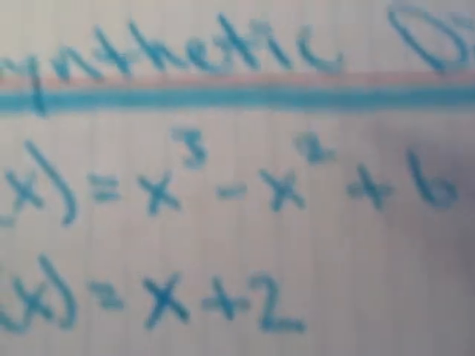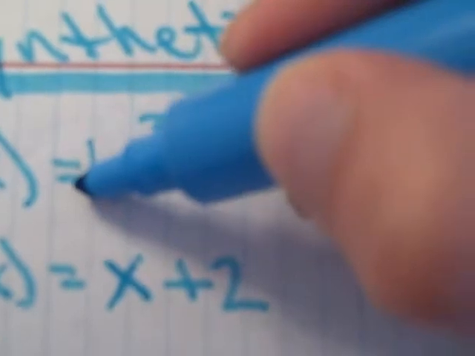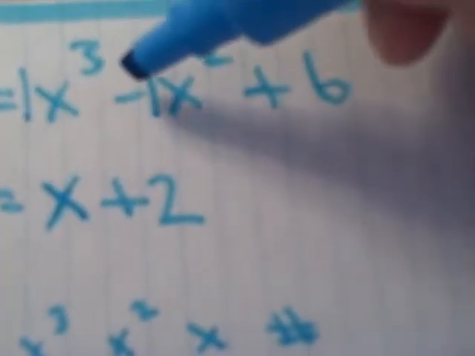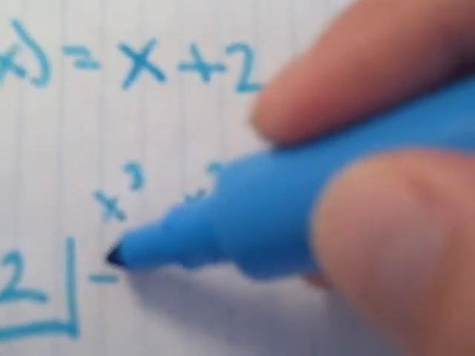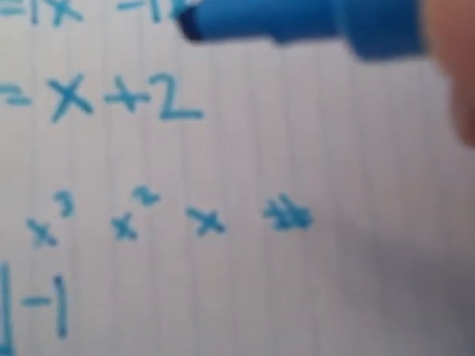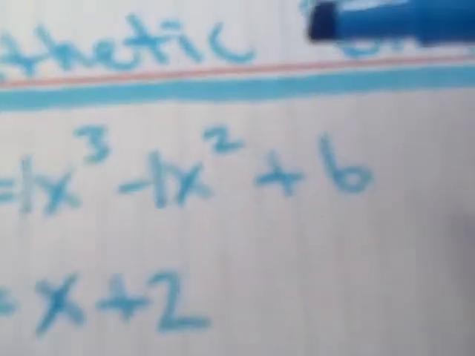And when you look at the problem, this would equal 1, and this would also equal 1. So that would be 1, negative 1, and 6. Actually, that would be a positive 1 under x cubed, negative 1 under x squared. And since there is no x, we will just put a 0 and then 6.